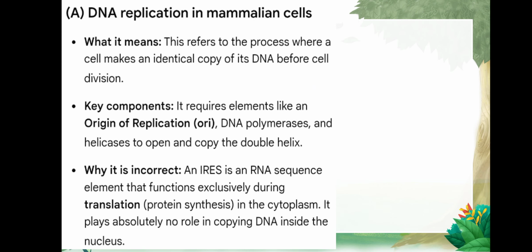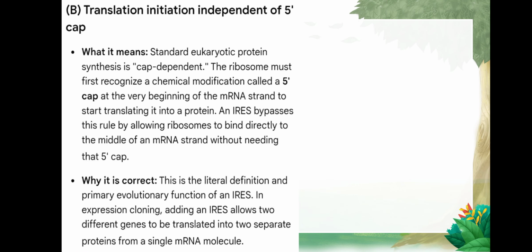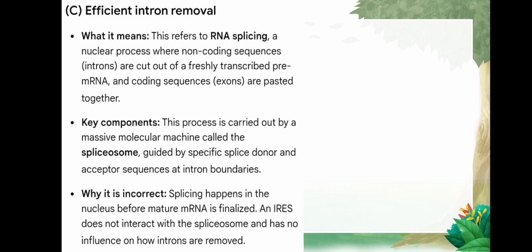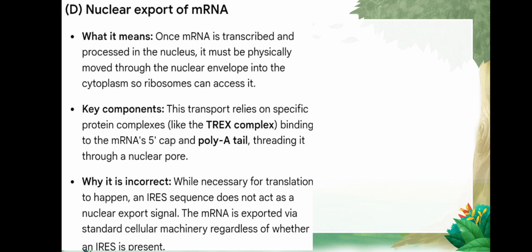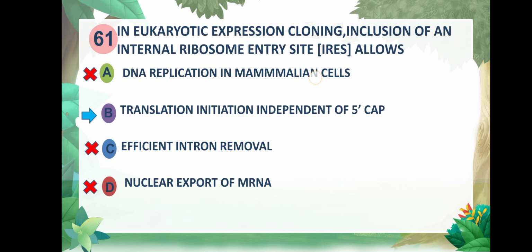So these are the reasons why options A and B are incorrect. Okay, so you can read this. And option C is also incorrect, because efficient intron removal is RNA splicing, as we have just discussed, and you know what the export proteins are responsible for. This is also irrelevant. So you now know the correct answer.